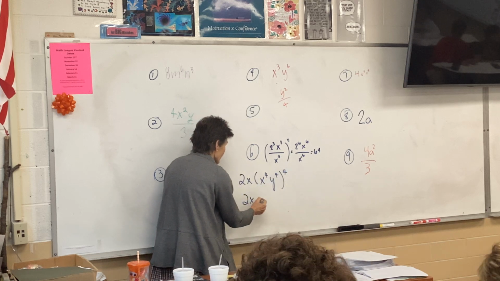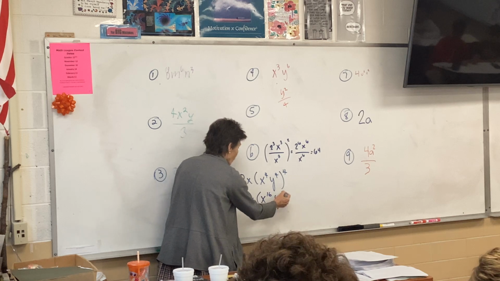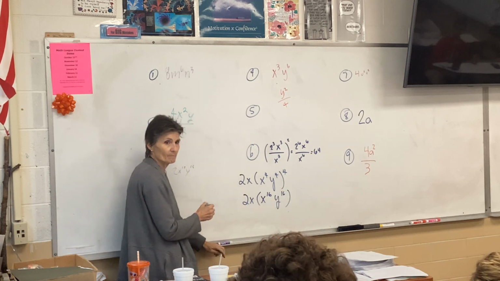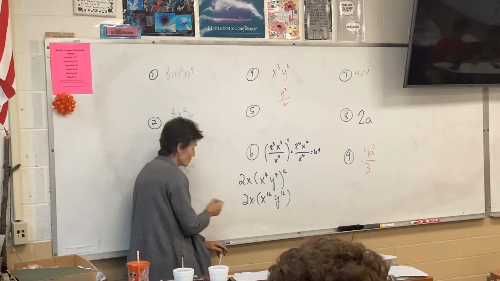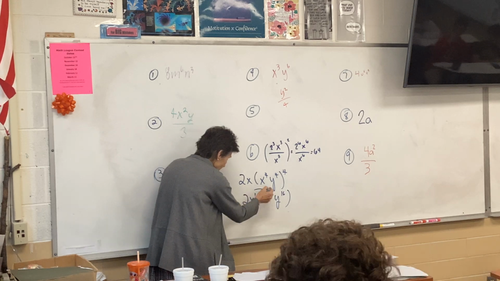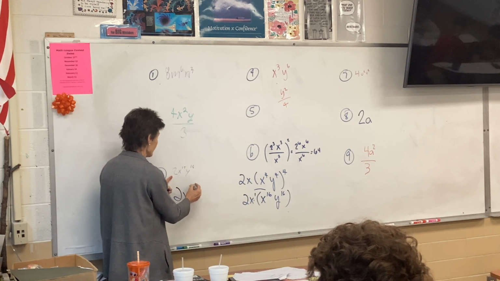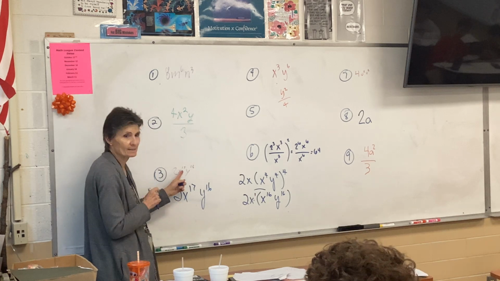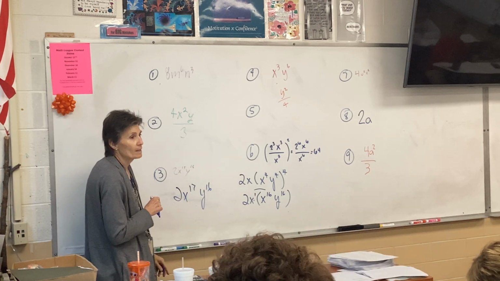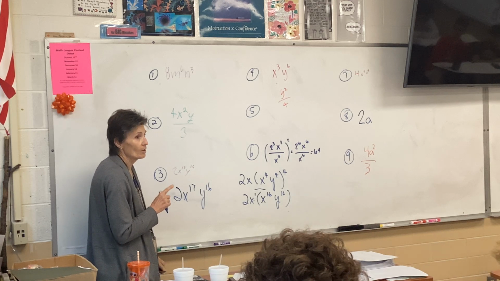So 2x, and then I'm gonna have x to the 16th, y to the 16th, does that make sense? This is all being multiplied together. So what do I do with these 2 exponents right here? Add them, so that's 2x to the 17th, y to the 16th. Oh, I thought that said 12. I know, it's 17. Okay, anything else?